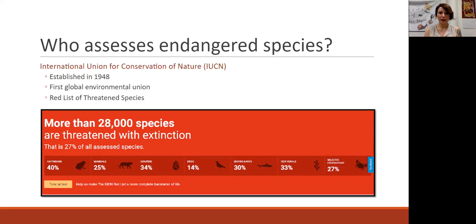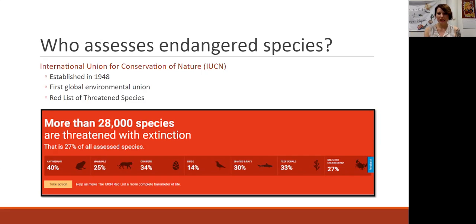They end up creating what they call the Red List of endangered species. These are our most vulnerable species that end up getting put on this list in hopes of being able to adjust something about their environment and make them a little bit less vulnerable to extinction.